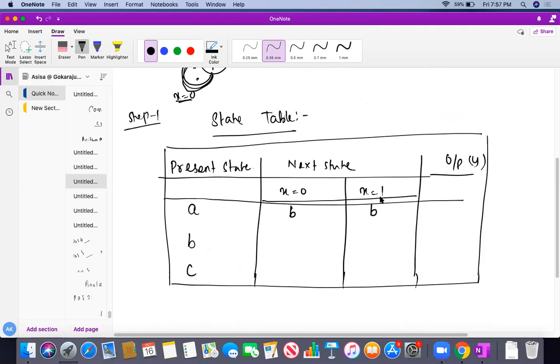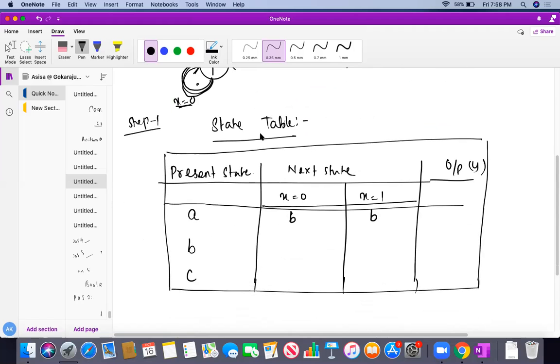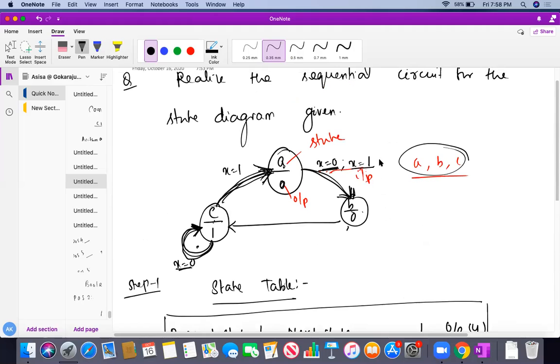Do you all understand? Next, what will be my output? For both cases, output will be 0. For this A, the output is 0.